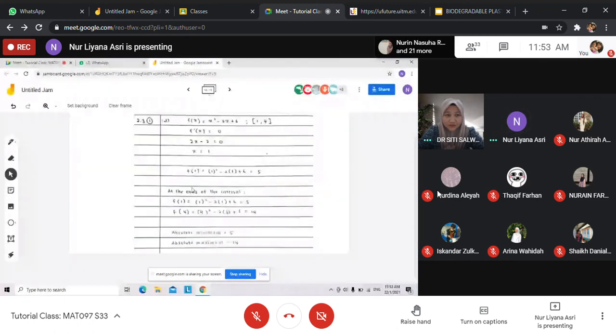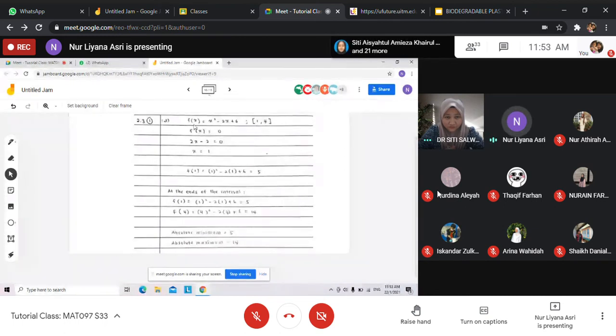Baru jelas. Okay. So f(x) equals to x squared minus 2x plus 6. So first we differentiate the f(x) equals to 0. 2x minus 2 equals to 0. So x equals to 1, which is the critical point. And then we substitute the x equals to 1 into the function f(x).